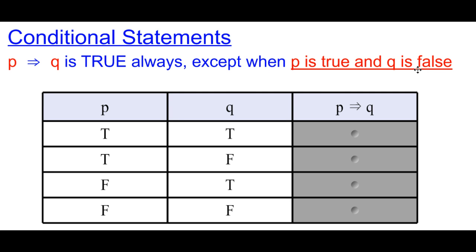It's always going to be true except for when P is true and Q is false. In other words, when the first statement is true and the second statement is false, then it is false. All right.